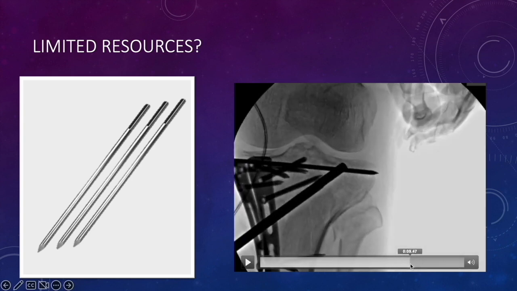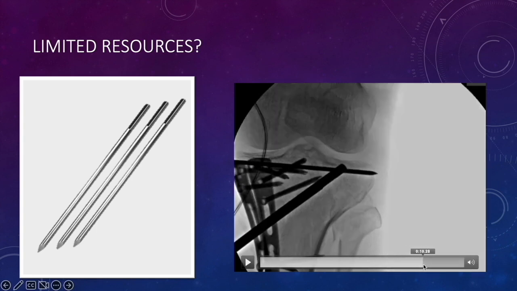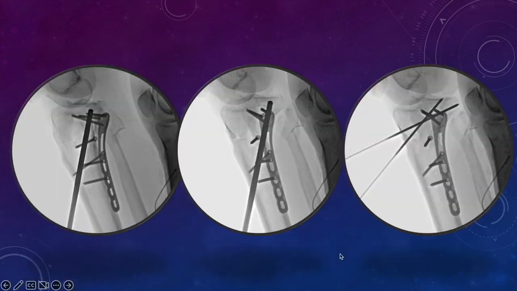So this has been reduced, then we are securing it with multiple K wires. And also we have to check the other views, the modified oblique views. So we have checked the lateral oblique view also, in which we are able to see whether the Steinmann pin blunt end is properly placed or not. So we have reduced it, then secured it with multiple K wires from the medial side.